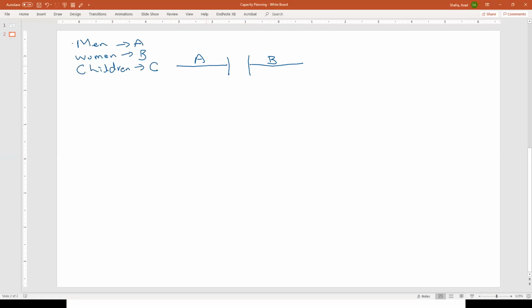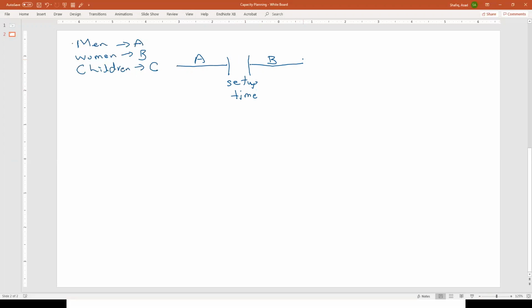You just can't start making product B on the same machine, because you have to first set the machine up to make product B. And this time that you invest in setting up the machine is called setup time.